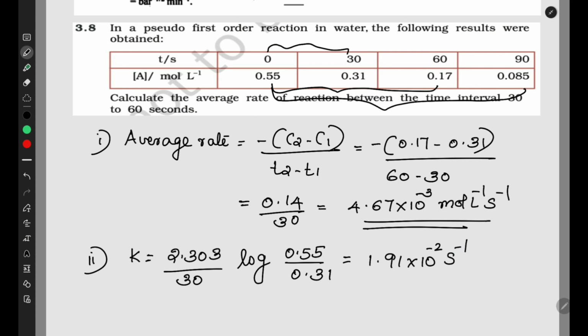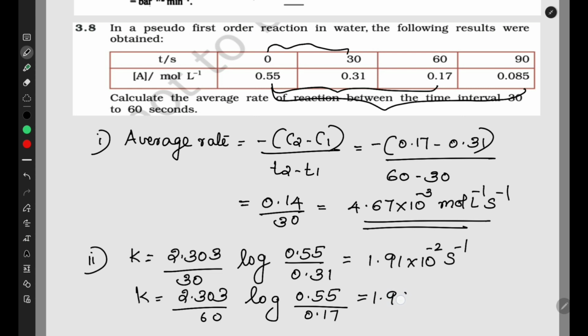Next time interval between 0 to 60. So K is equal to 2.303 by 60 log 0.55 by 0.17. When we simplify, we will get 1.96 into 10 raised to minus 2 second inverse.